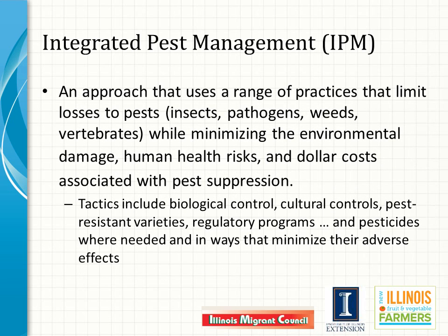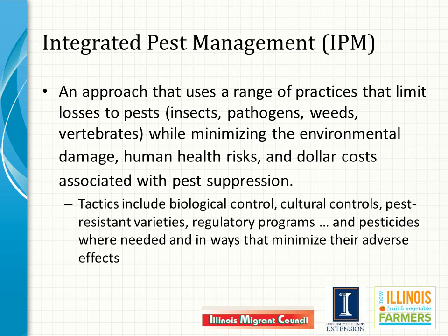Remember that disease management is a component of overall crop management and integrated pest management, or IPM. In an earlier presentation, I pointed out that IPM is an approach that uses a range of practices that limit losses to pests while minimizing the environmental damage, human health risks, and dollar costs associated with pest suppression.